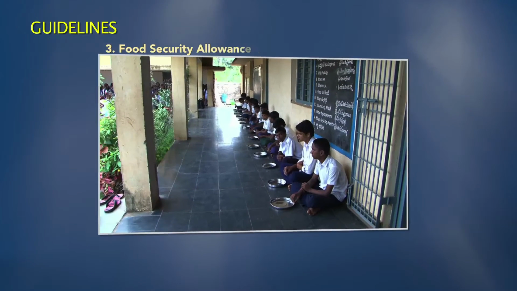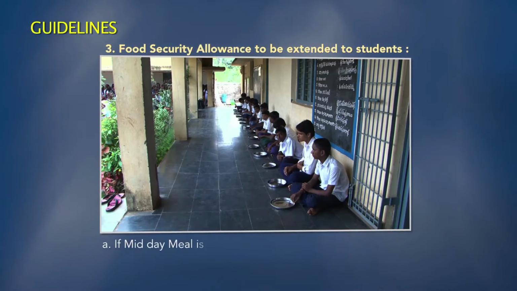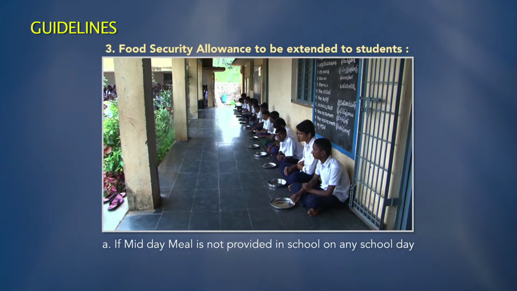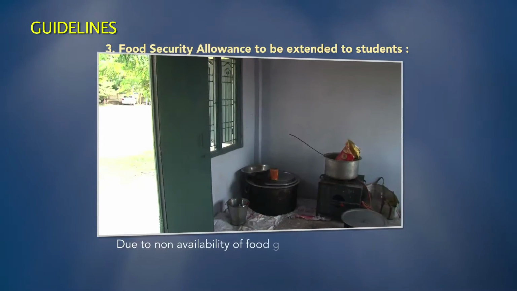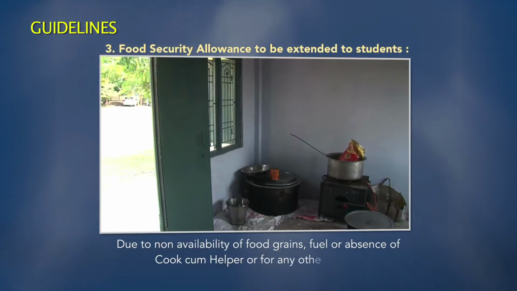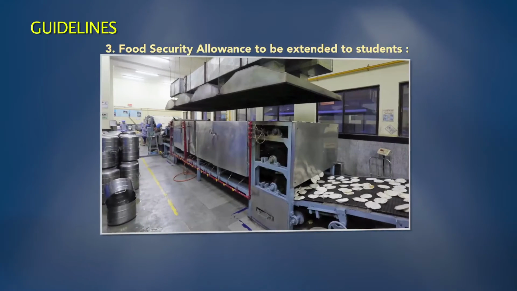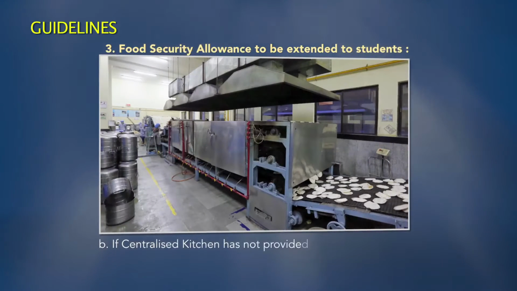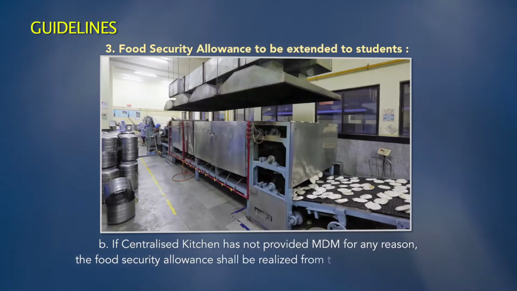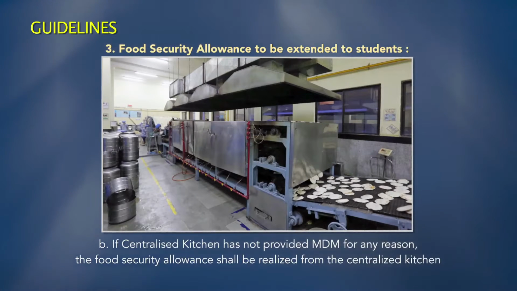Food security allowance to be extended to students if midday meal is not provided in school on any school day due to non-availability of food grains, fuel or absence of cook-cum-helper or for any other reason. If centralized kitchen has not provided MDM for any reason, the food security allowance shall be realized from the centralized kitchen.